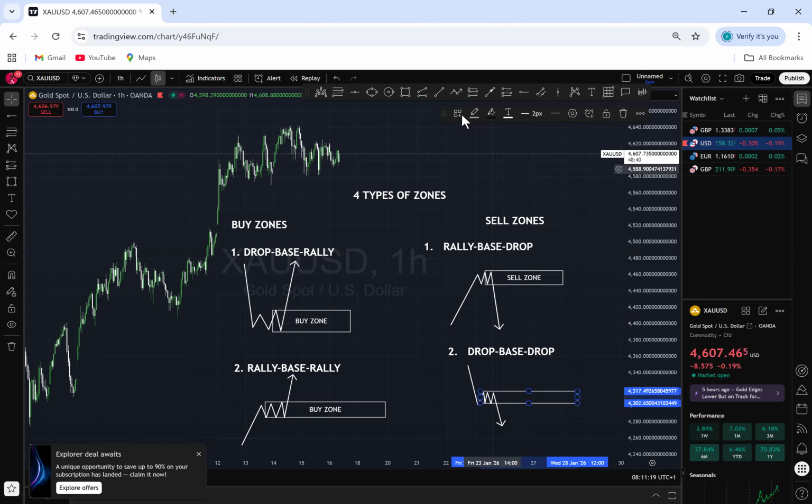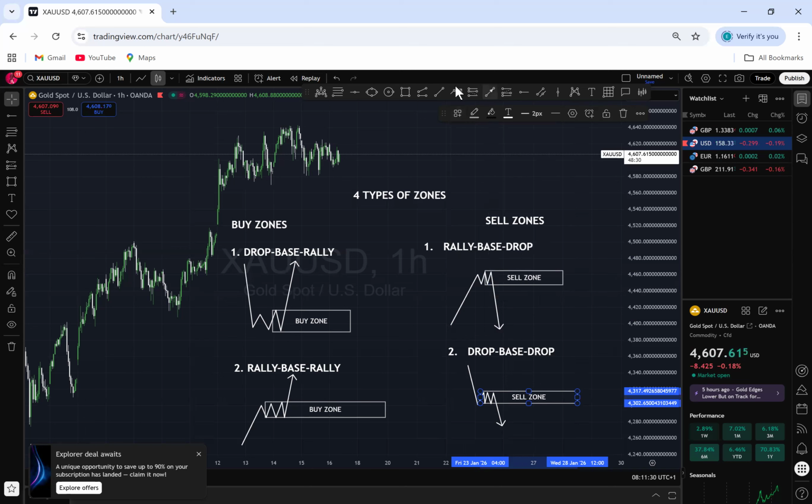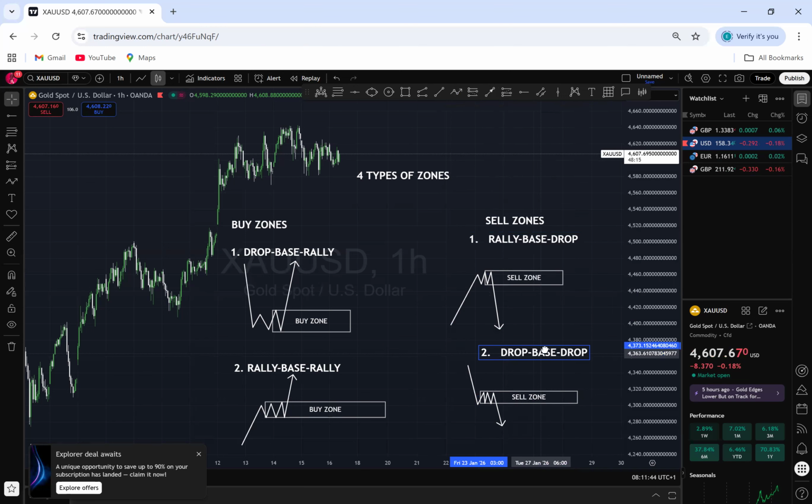So we have a sell zone here. And then what are you expecting? You're expecting price to come into this area and then to the downside. So these are the types of zones we have.